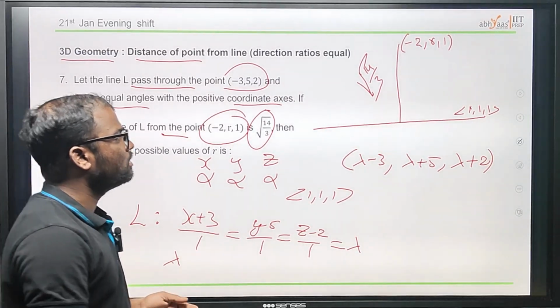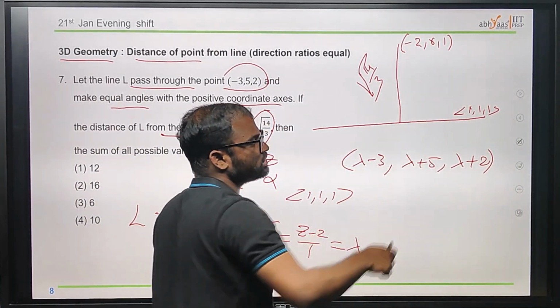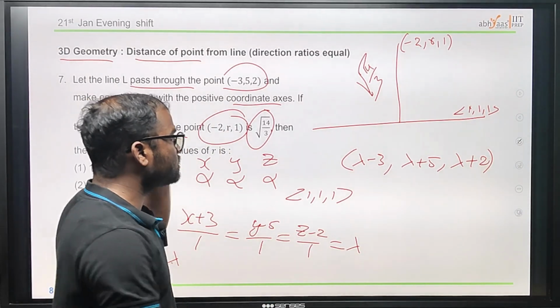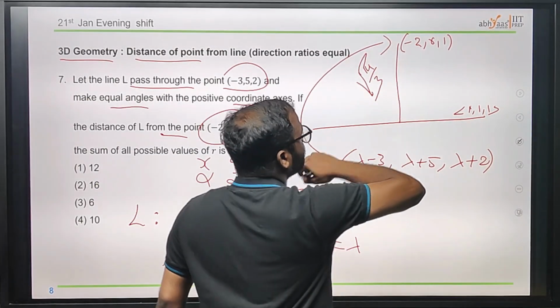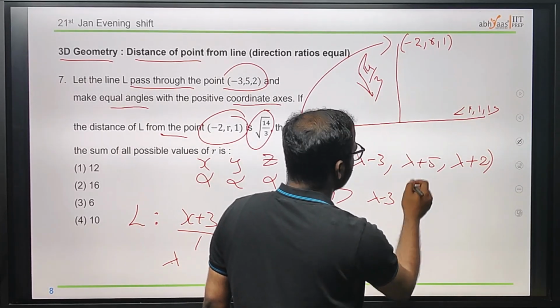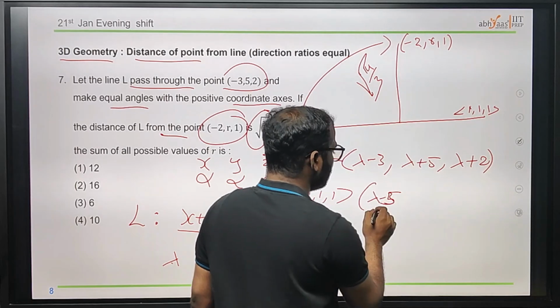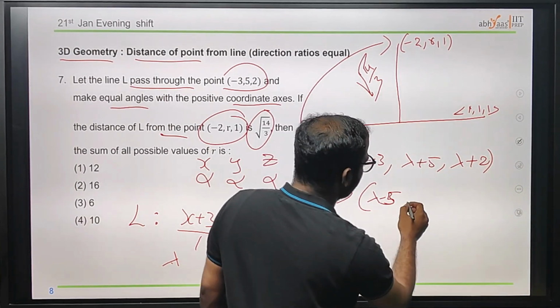Now we need to find this by using the direction ratio, and we also know the product will be 0 since it is perpendicular. Now by using this, we need to find the direction ratio of this one, which is lambda minus 3. Now we just take the subtraction of it.